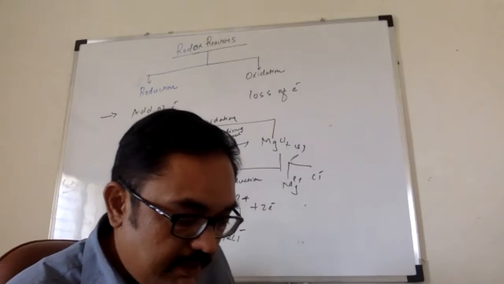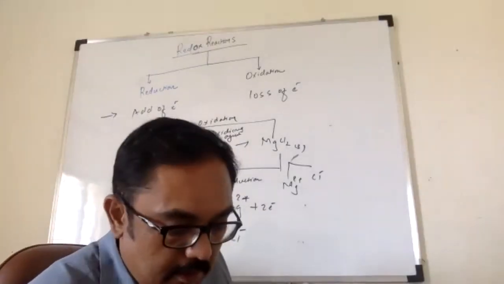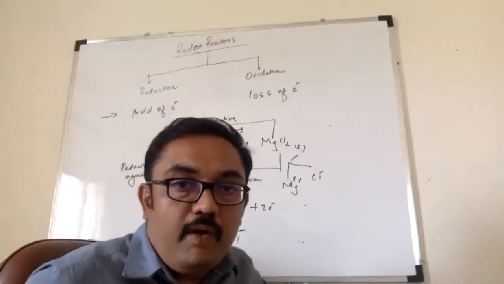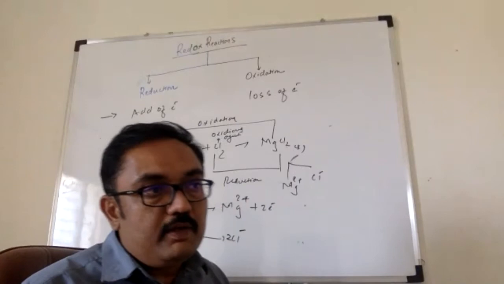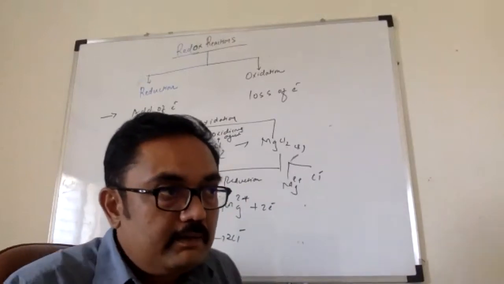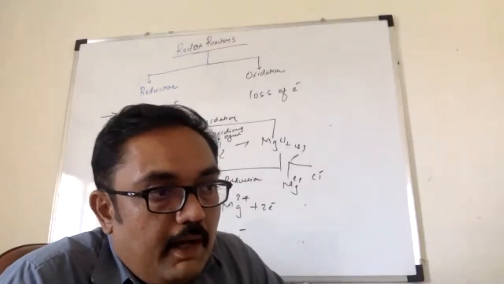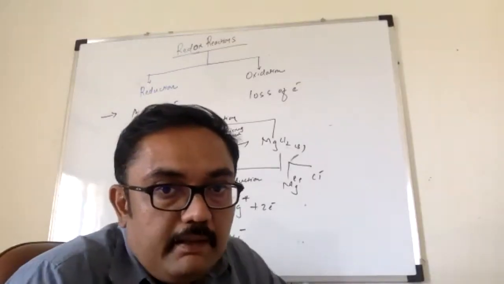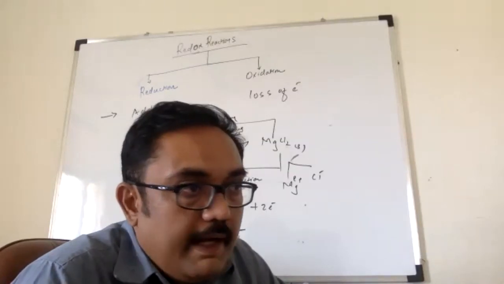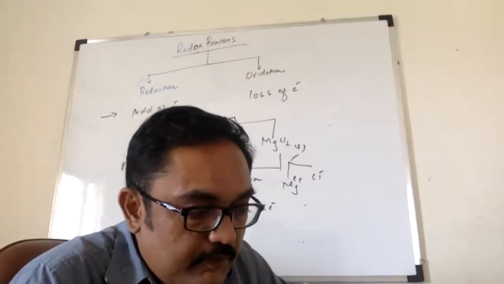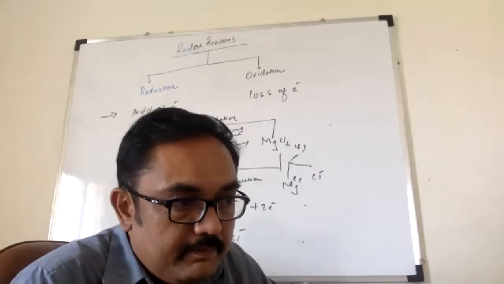The second question: aluminum reacts with oxygen to form aluminum oxide. Third question: hydrogen reacts with chlorine to form hydrogen chloride.